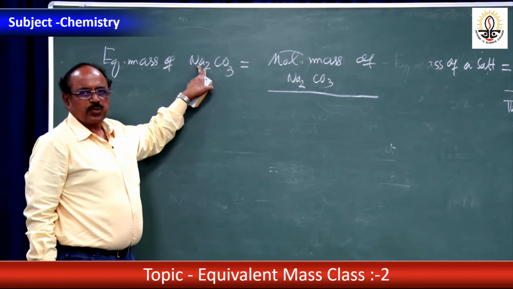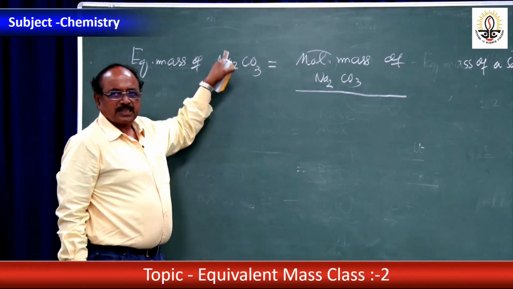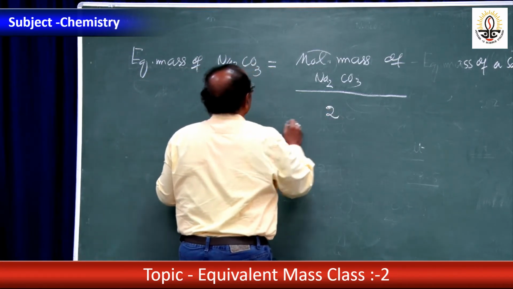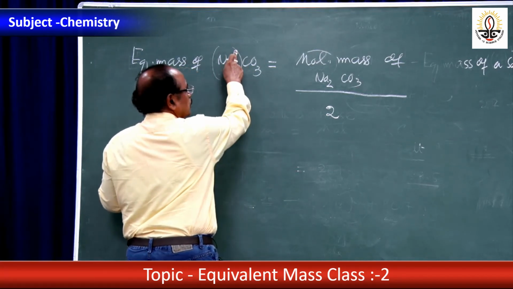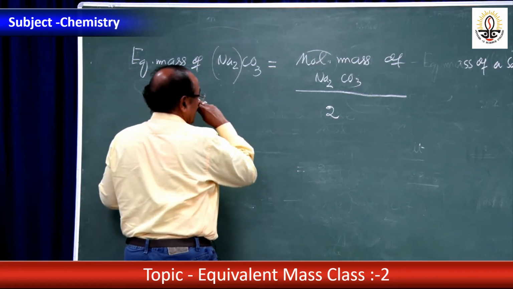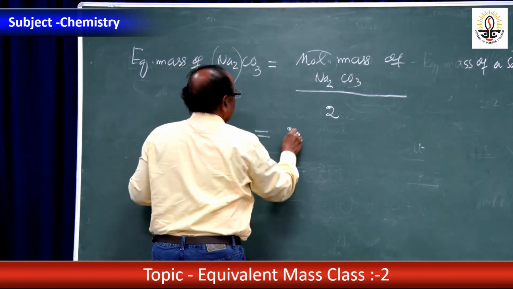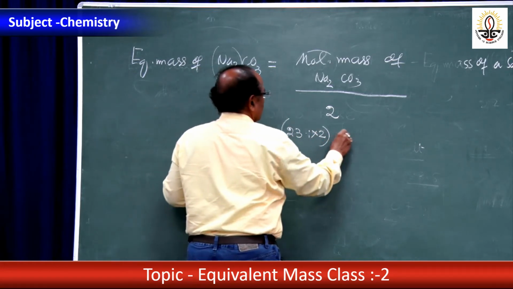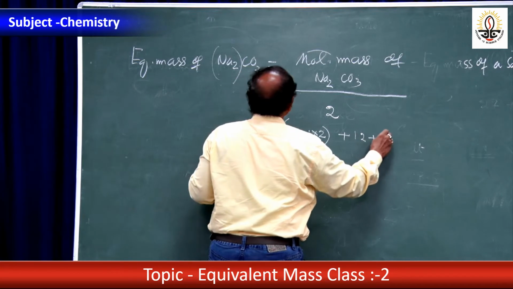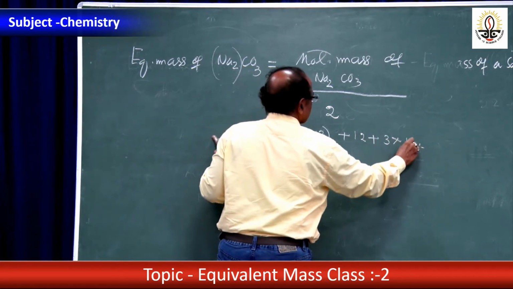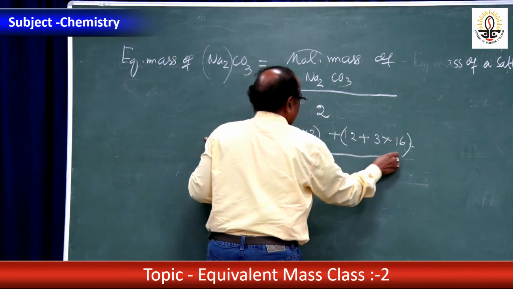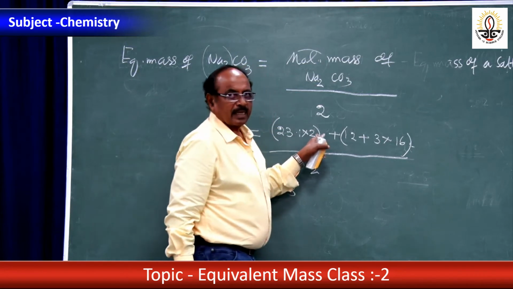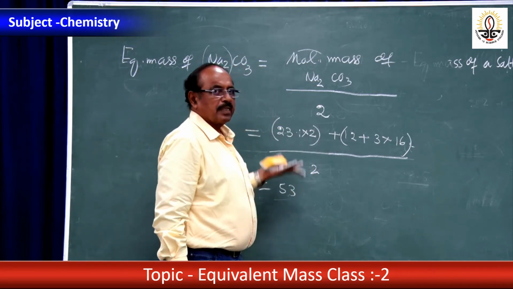Sodium, the positive ion, plus 1. 2 ions are there, so it is plus 1 into 2, so by 2. Sodium is 23 into 2 plus carbon is 12 plus oxygen 3 into 16. This is 106, and 106 by 2 gives 53.